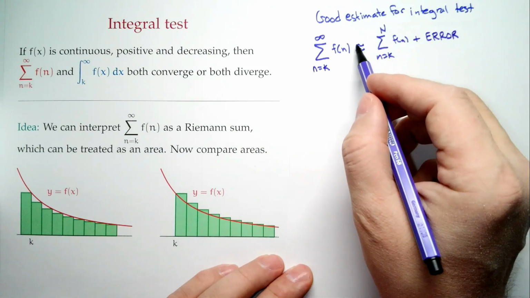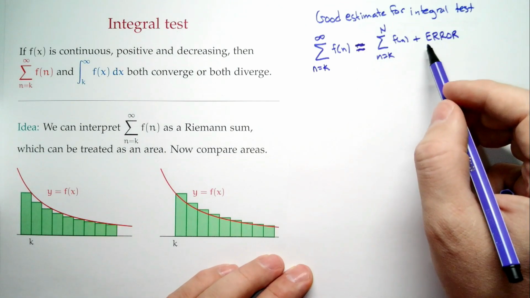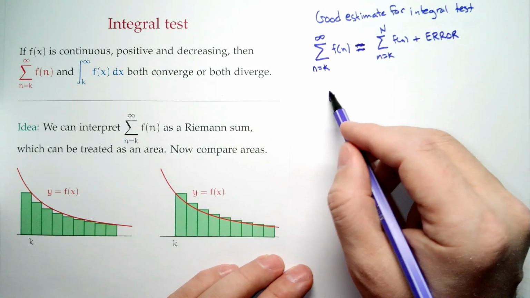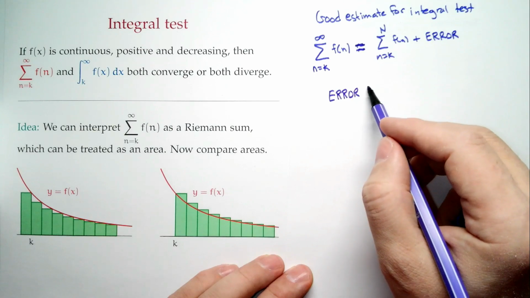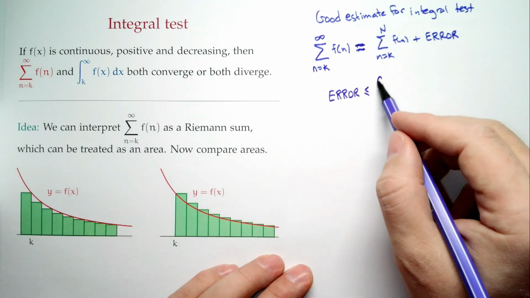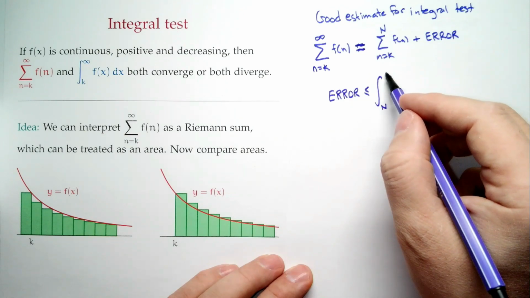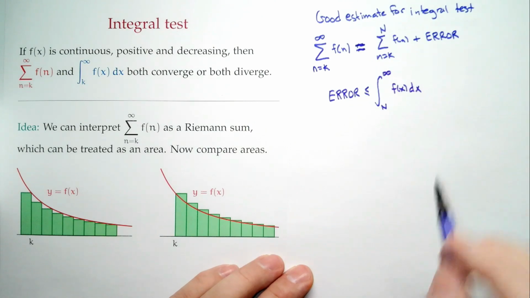In fact, we can replace that approximately with equal, right? Now, the question, of course, is what can we say about the error? And here's the beautiful thing. The error is less than or equal to the integral from capital N to infinity of f of x dx.